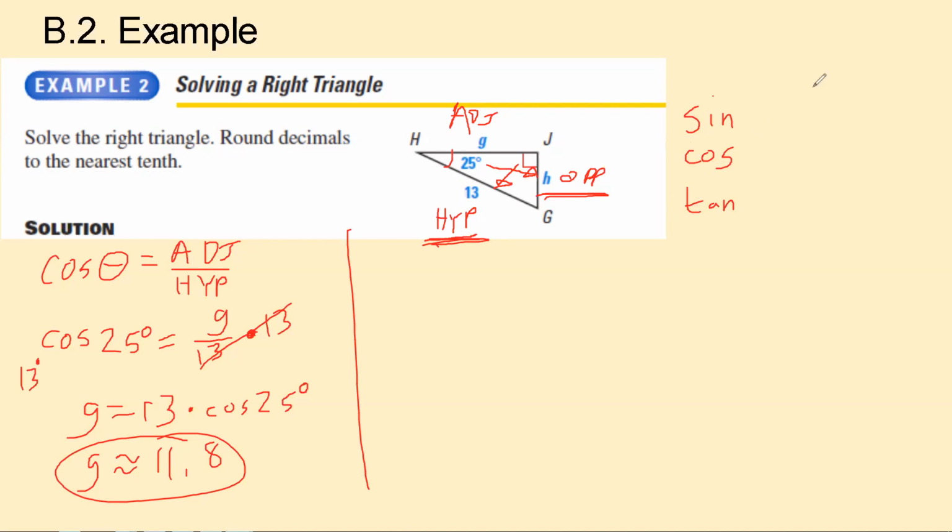That's right, sine. The sine of any angle is opposite over hypotenuse. So if we plug in our values, our angle is 25 degrees. The opposite side is h, and the hypotenuse is 13.